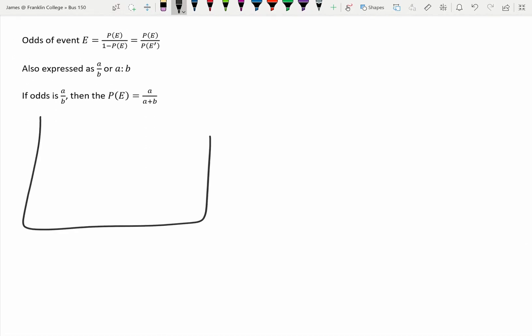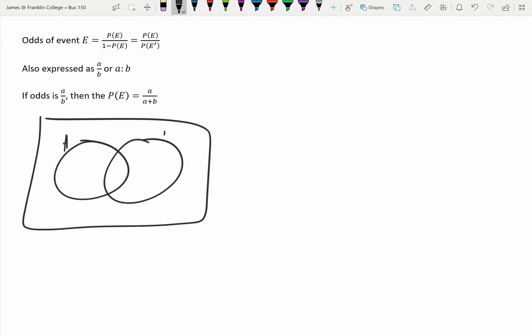Let's imagine we've got our sample space, we have event A, we have event B, we have 14 elements that are part of A that's not part of B. We have 39 elements that are in the intersection, 21 elements that are in B but not in A, and we have 26 elements that are not in the union of A and B. So if we want to know the probability of A union B, this is just going to be summing up all three parts divided by the entire sample space.